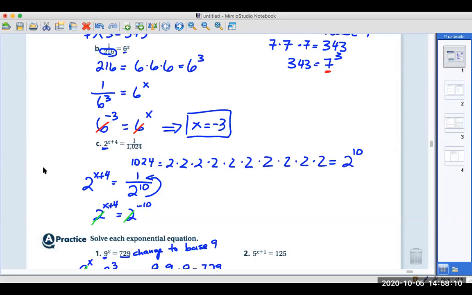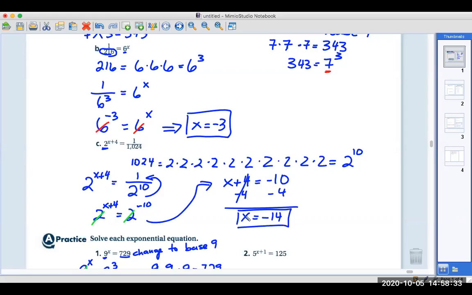And then you can set the exponents equal to each other. And then you have to solve for x. Subtract 4 from both sides and bring down the x. Negative 10 plus negative 4 is negative 14. Okay, so that's how this works, this part of the lesson. So let's move on.